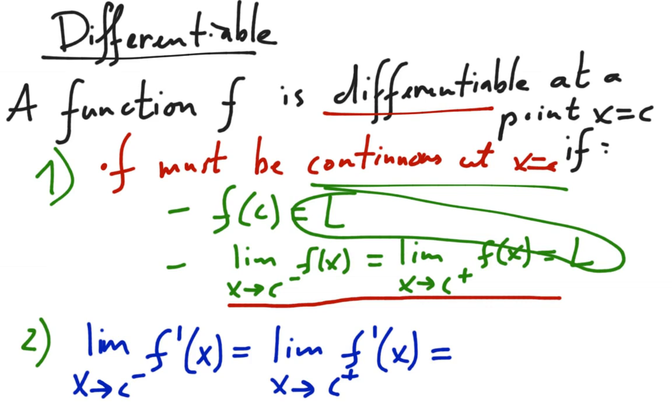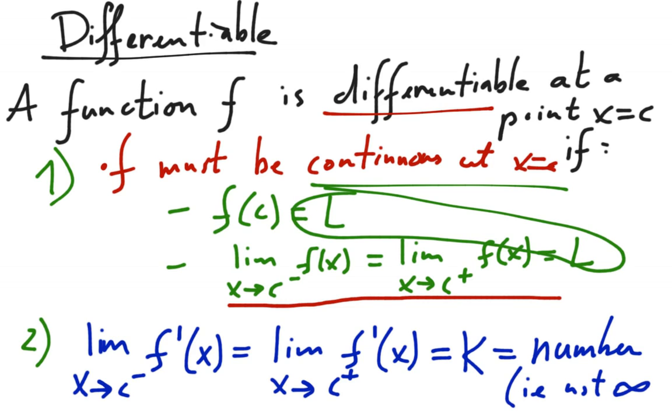And these both have to be the same value. I'm going to call it k. And k has to be a number, and by that I mean not infinity. So it's got to be the same thing, and it has to be a number, not infinity.